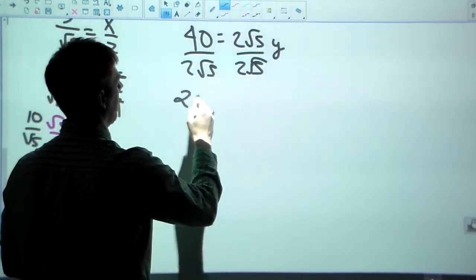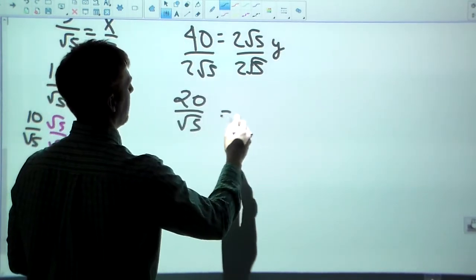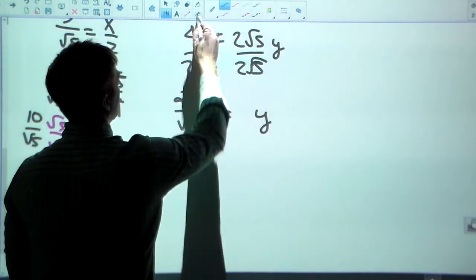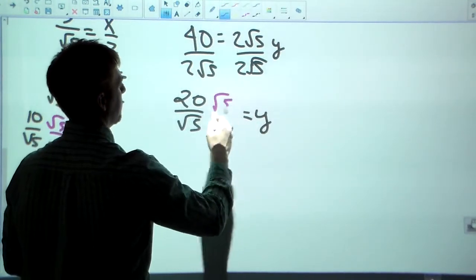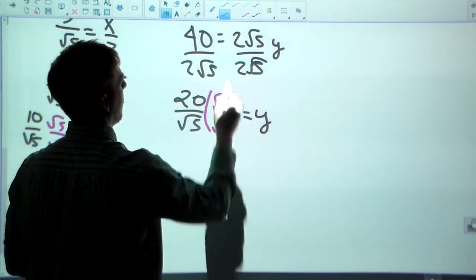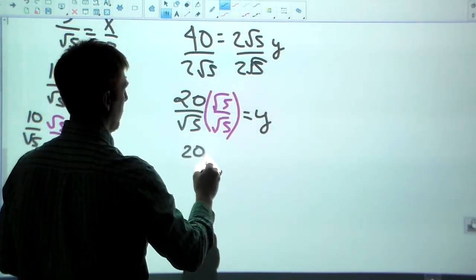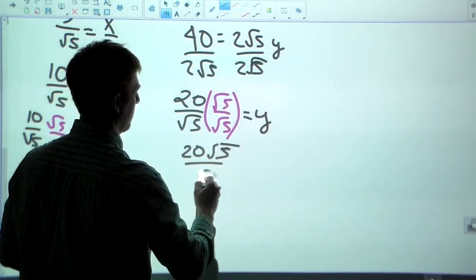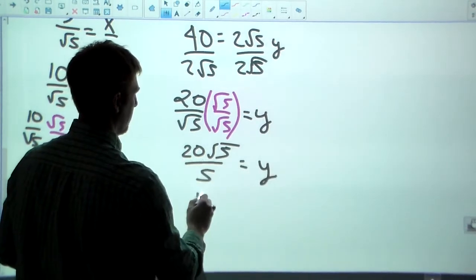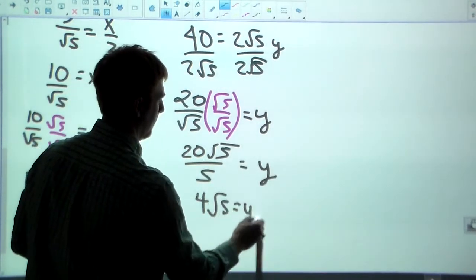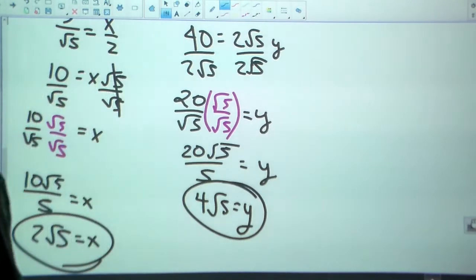We're going to get 20 over the square root of 5 equals y. We'll start rationalizing that. Times square root of 5 over 5 gives me 20 square root of 5 over 5. And I'll reduce, so that becomes 4 square root of 5. And there we go, there's our y component.